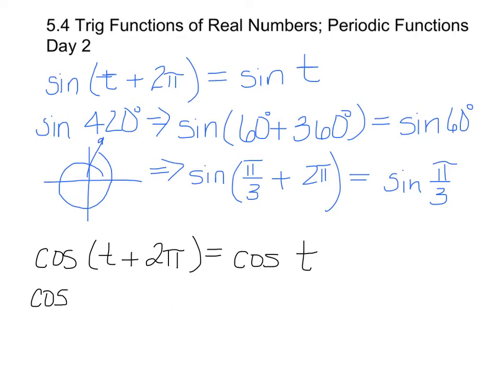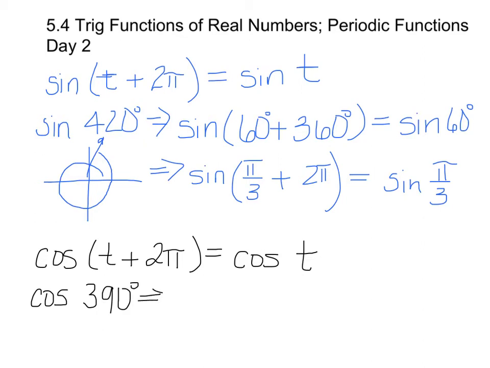If they ask you to find cosine of 390, well, we know that 390 is not on our circle.